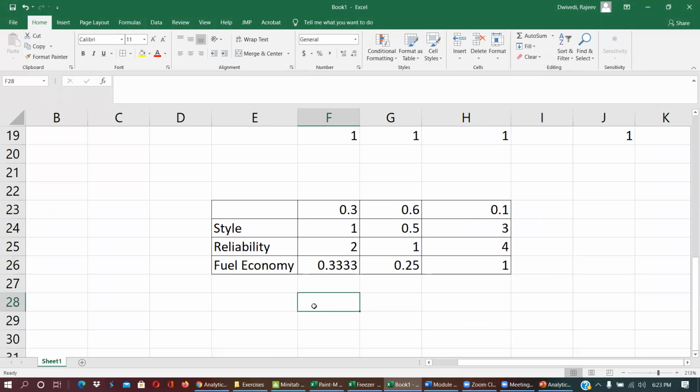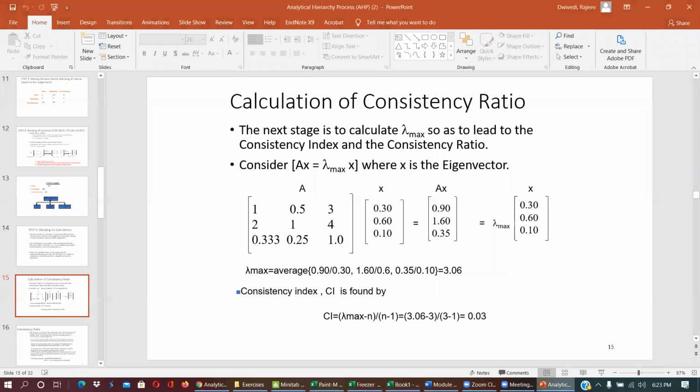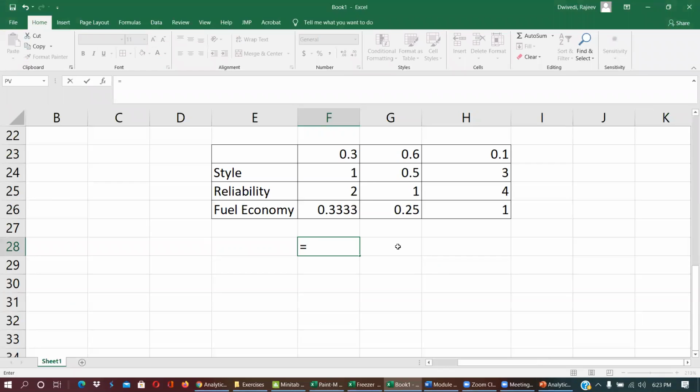So how do we do this? 0.3 has to be multiplied with this, 0.3 has to be multiplied with this, 0.3 has to be multiplied with this. So this multiplied with this.